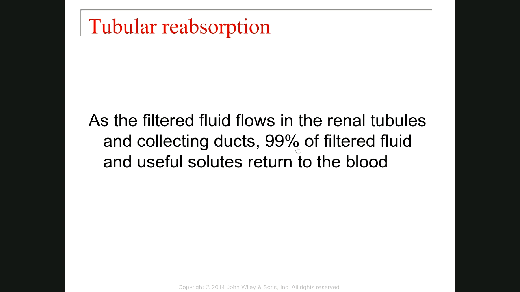Pay attention. The tubular reabsorption returns substances to the bloodstream, in contrast to absorption, which means entry of new substances into the body, which occurs in our GI tract or our digestive system.